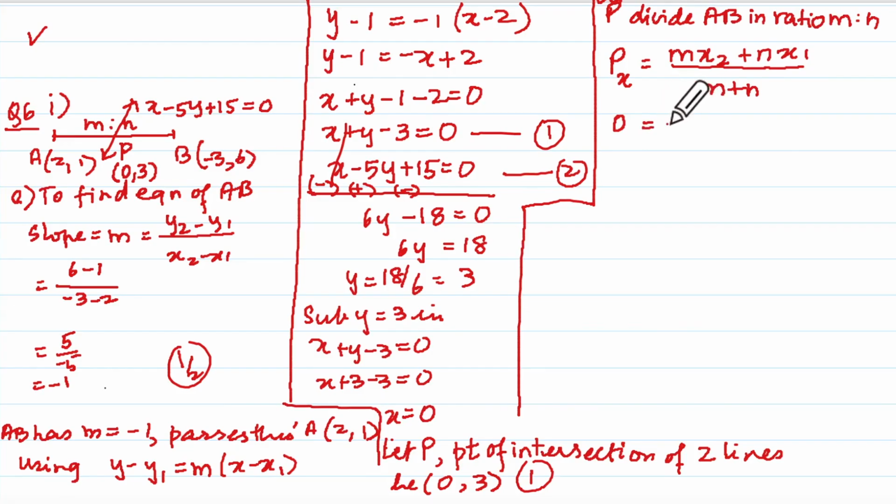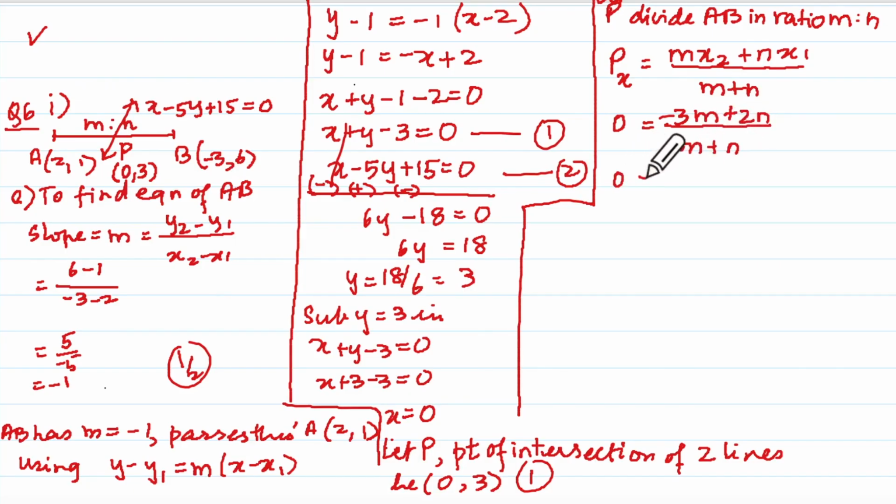So 0 is equal to mx2, this is minus 3m, plus nx1 is 2n upon m plus n.